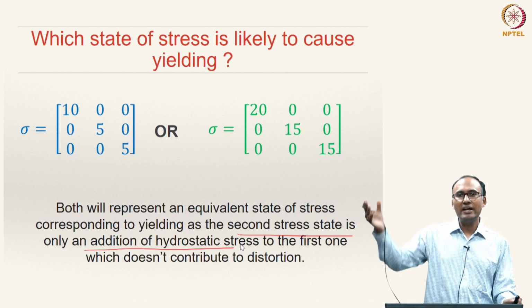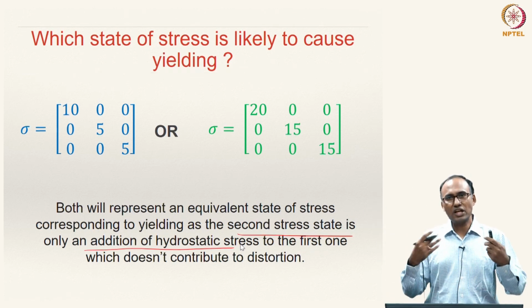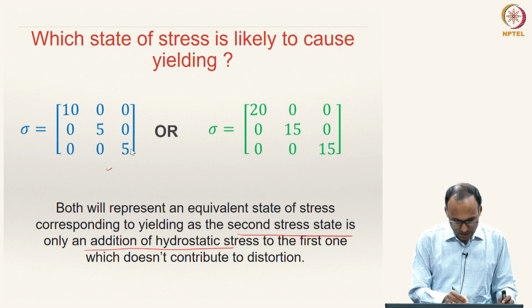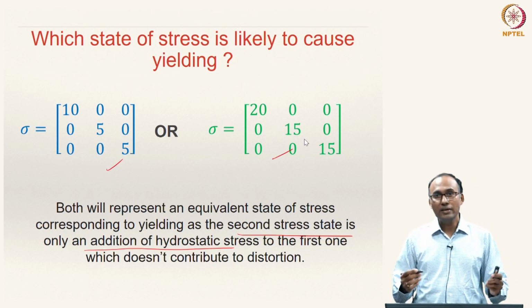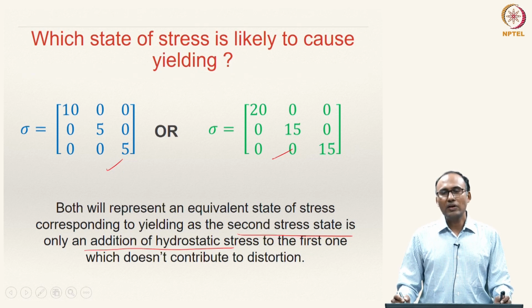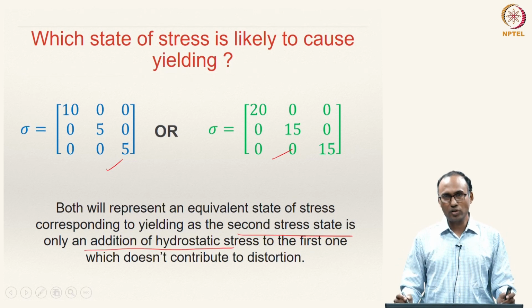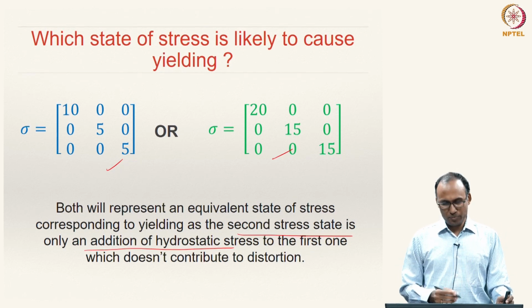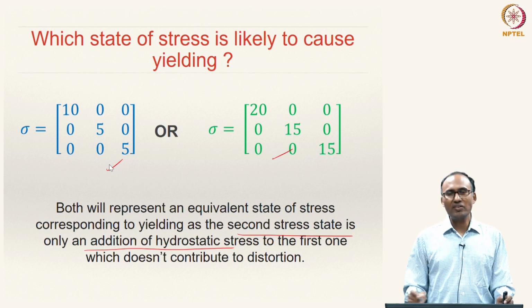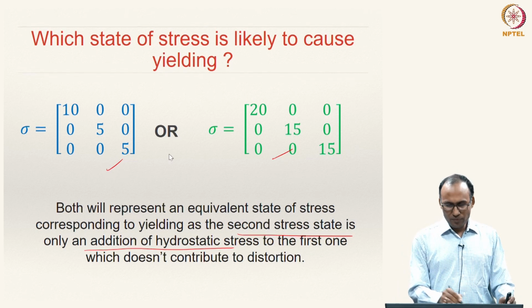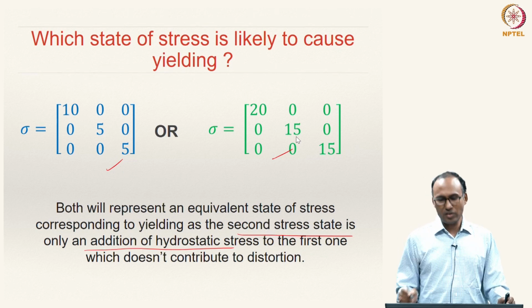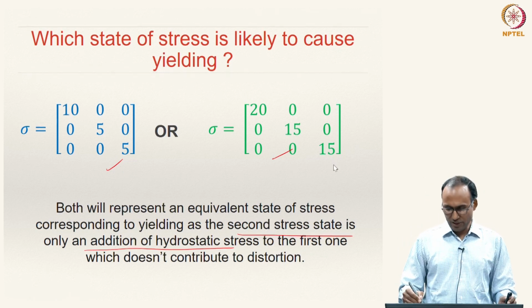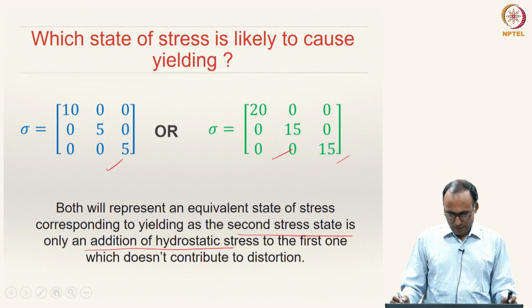You are only adding an additional hydrostatic stress, which does not cause yielding, and hence both will represent the same state of yielding. If you draw the stress state on the sigma 1 sigma 3 plane, both of them will show the same point on your sigma 1 sigma 2 sigma 3 plane, because it is a 3D state of stress.